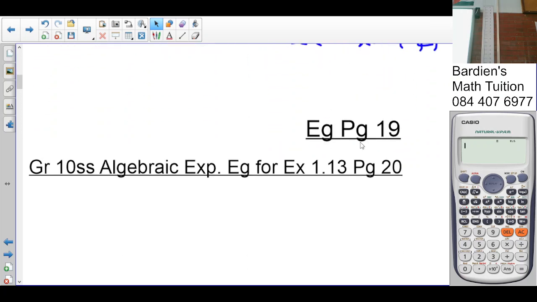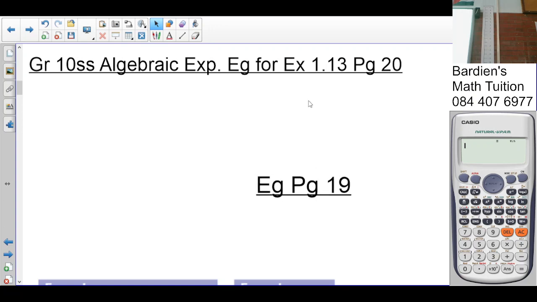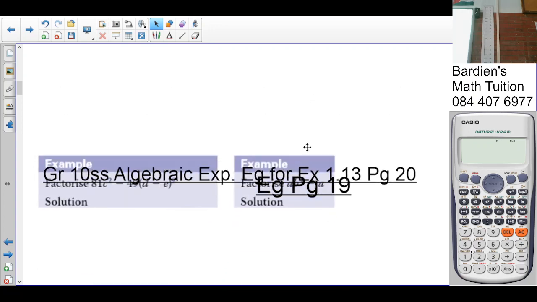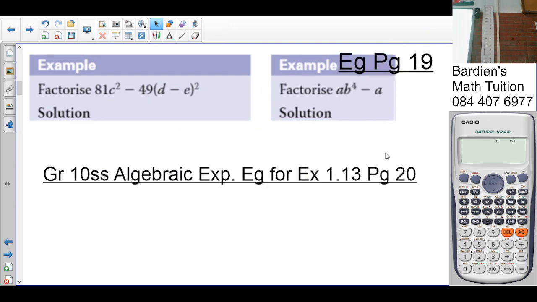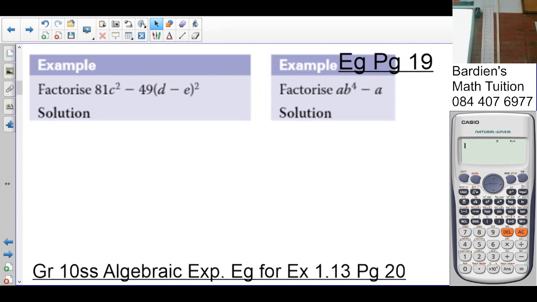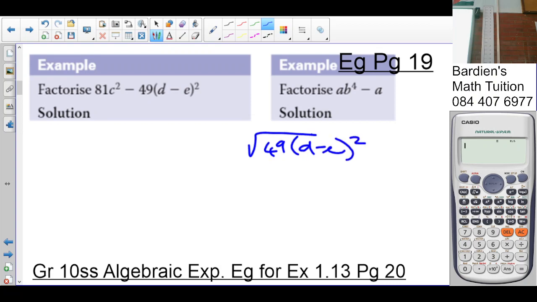That's example 6. This is example 7 and 8 for this exercise, on page 19 for exercise 1.30. The square root of 81c squared is 9c. However, for the square root of 49 into d minus e squared, the square root of 49 is 7, the square root of d minus e squared, that will cancel, basically you're left with d minus e.